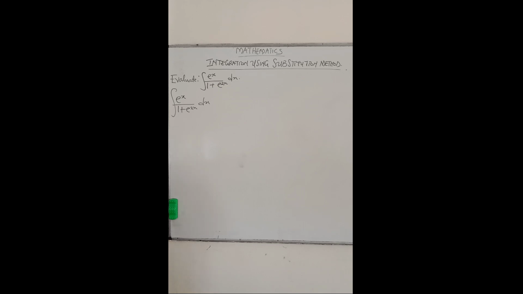I can simply write this in the form of the integral of exponential x over 1 plus exponential x all squared. Exponential x squared is equal to exponential 2x. They are the same thing.